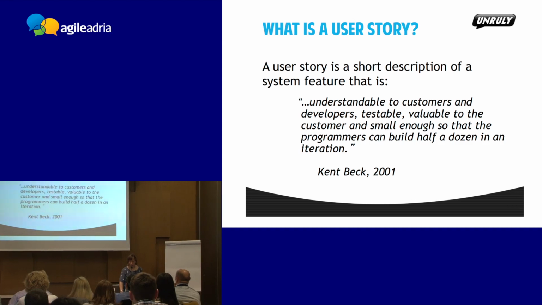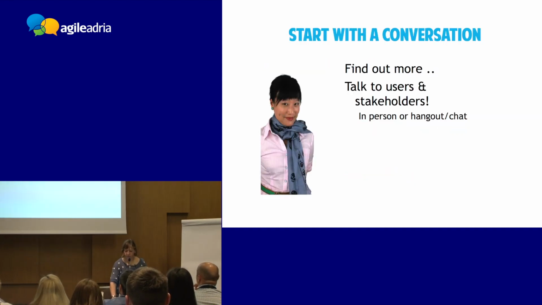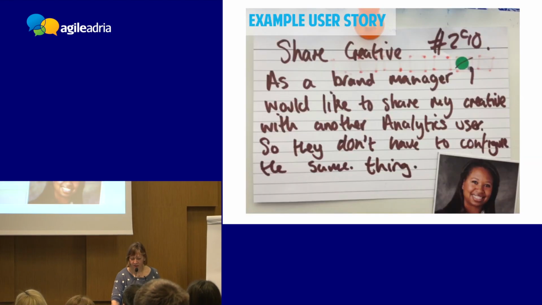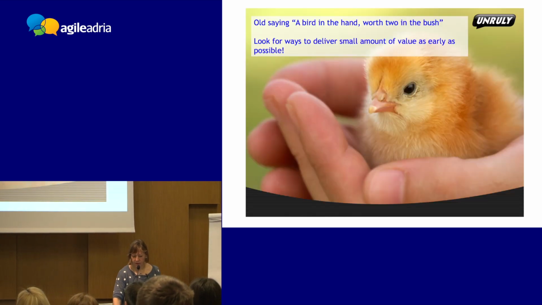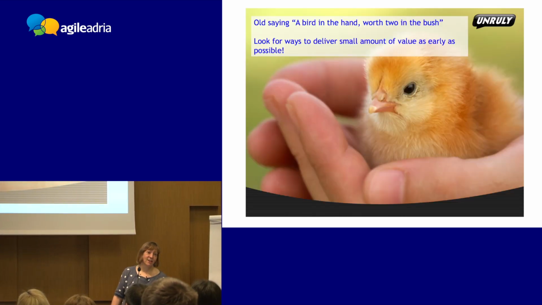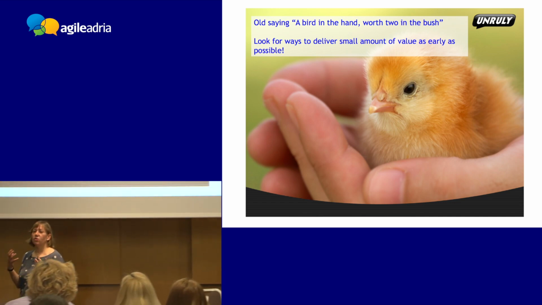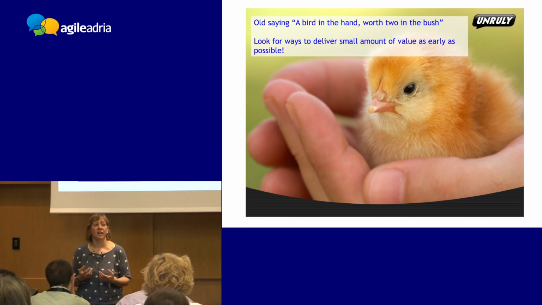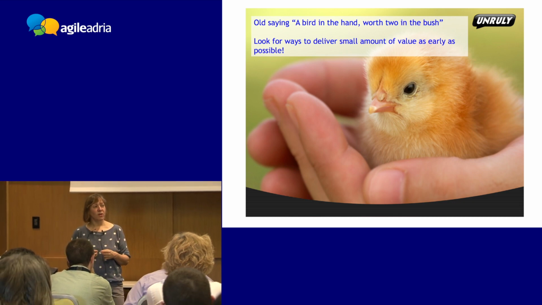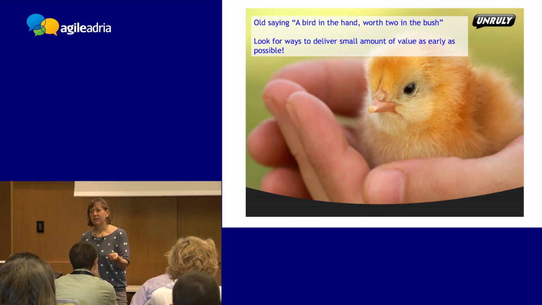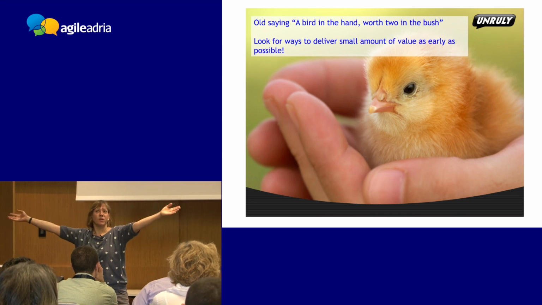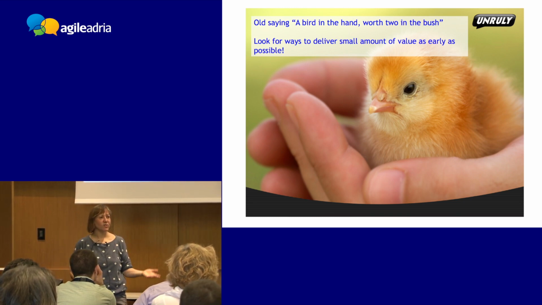I'm just going to skim through this very fast. There's a little chick. Why is there a little chick? Because one of the core principles about user stories is, and we have this proverb, a bird in the hand is more valuable than some birds out in the wild.